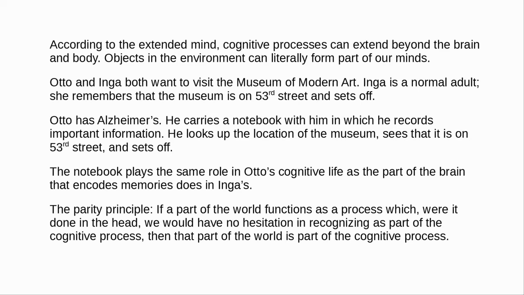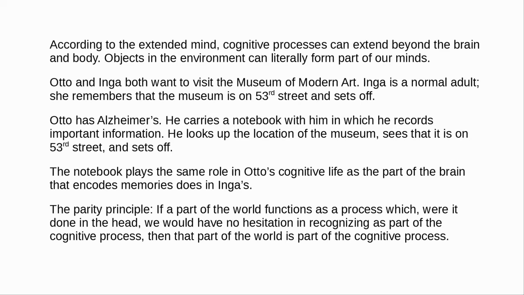So if the information that is written down in Otto's notebook were instead encoded inside his brain, we would have no hesitation in considering it to be part of his memory. Indeed, we might imagine a Martian or a robot which literally has loads of little notebooks inside its head that form its memories.